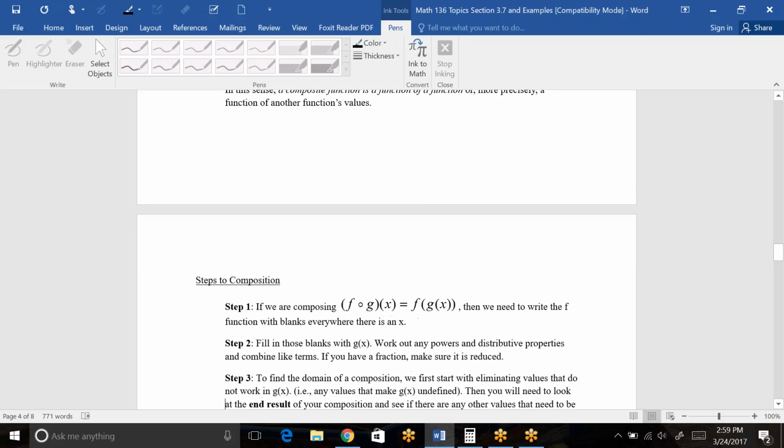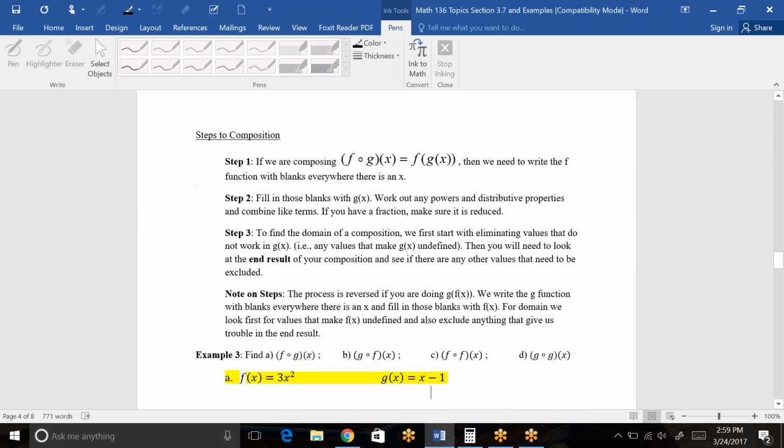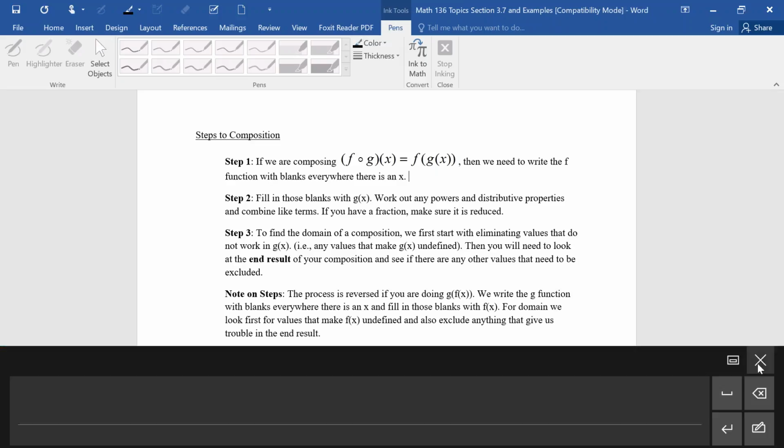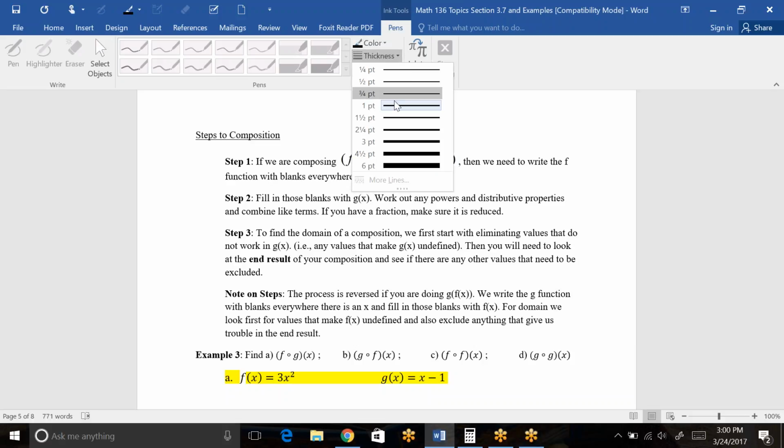When we talk about composing, here are my steps on how to do this. If we're composing f of g of x, which is f with g of x plugged in, I write f as a function with blanks everywhere there was an x. In other words, I think of it as an empty shell. That's how I like to think of it.